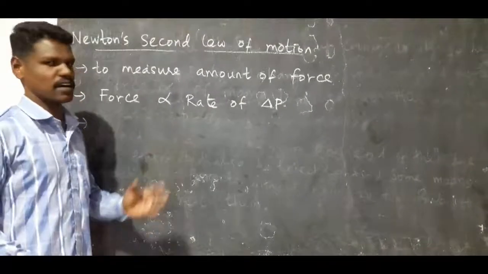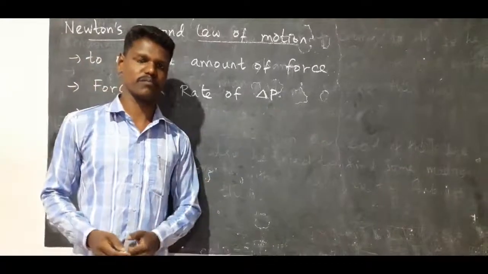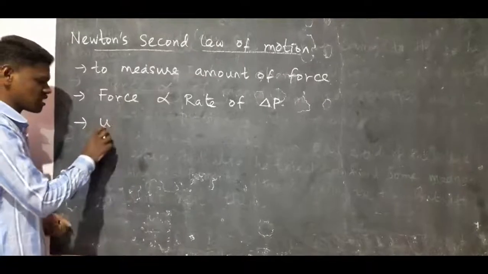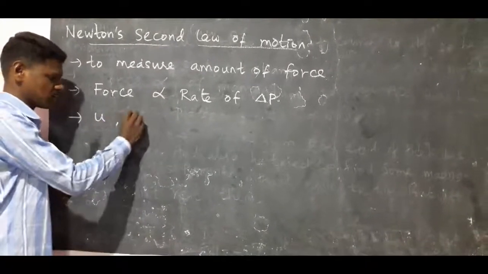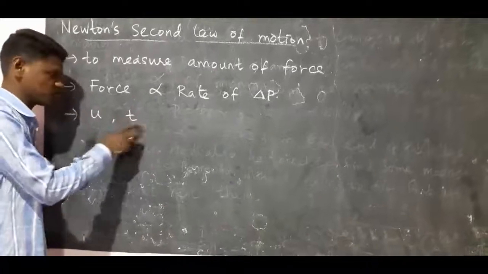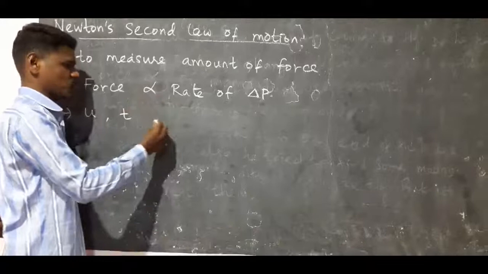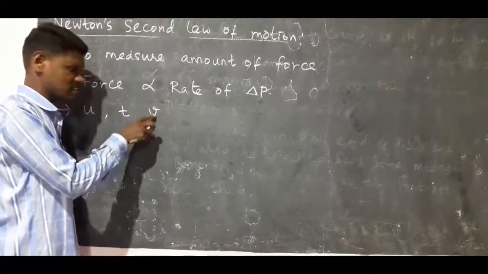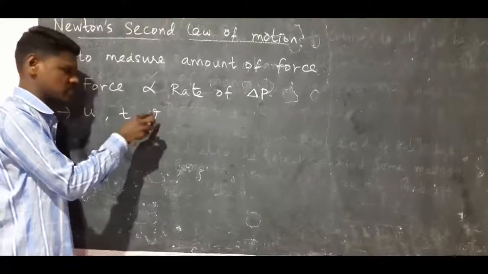Consider m to be the mass of the moving body or moving object. It starts moving with initial velocity, and after some interval of time an unbalanced force acts on the object, and its velocity changes to final velocity v.